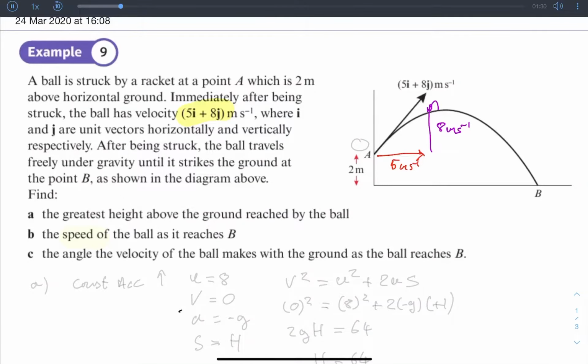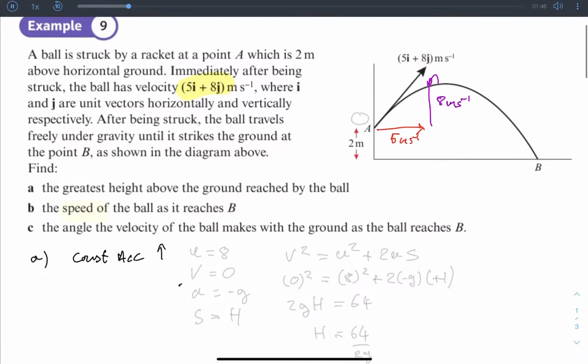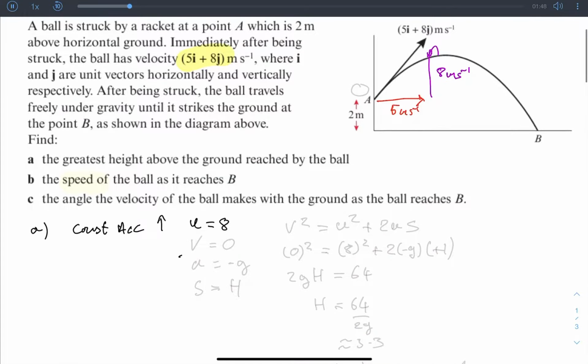We know that it's a constant acceleration context because it's projectile motion, and we make that decision at the start of our answer. So we note that it's constant acceleration, and we are going to work vertically. We know u is equal to 8. We're asked to find the greatest height. So what do we know at the greatest height?